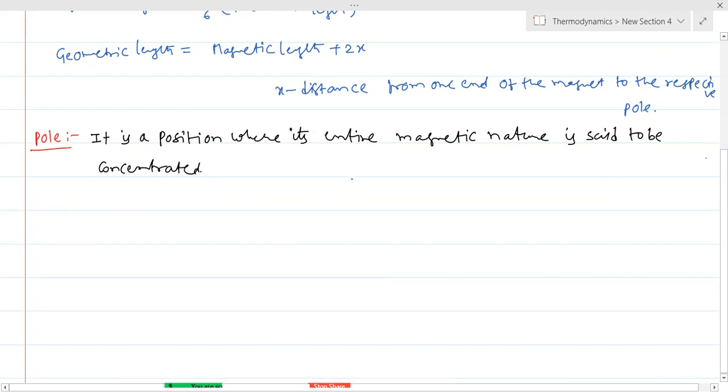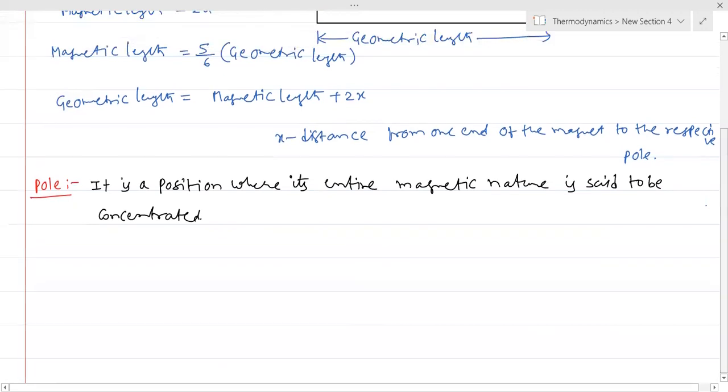That means its attracting or repelling sense is focused at a particular point. We are calling that point a pole.